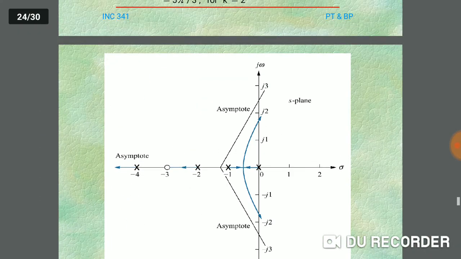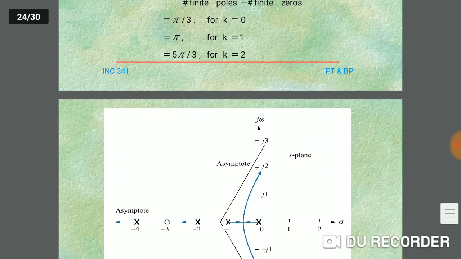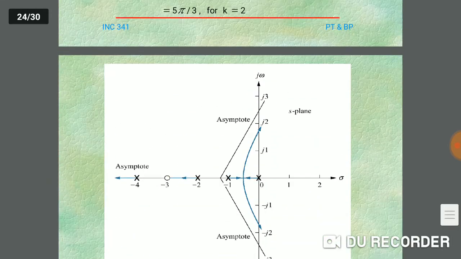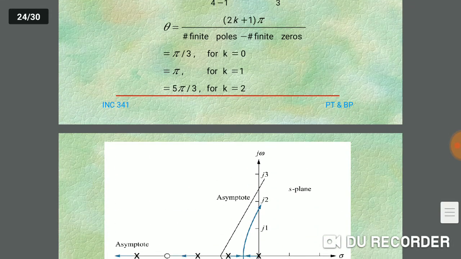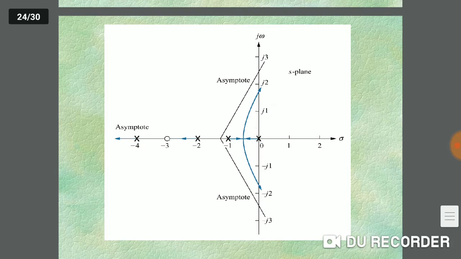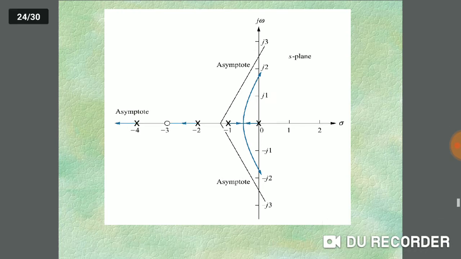Then for the angles, we have 3 different angles. We have to draw the diagram for that. And then with the help of the Routh array, we can calculate the value of k and where the locus will cut or intersect the imaginary axis.